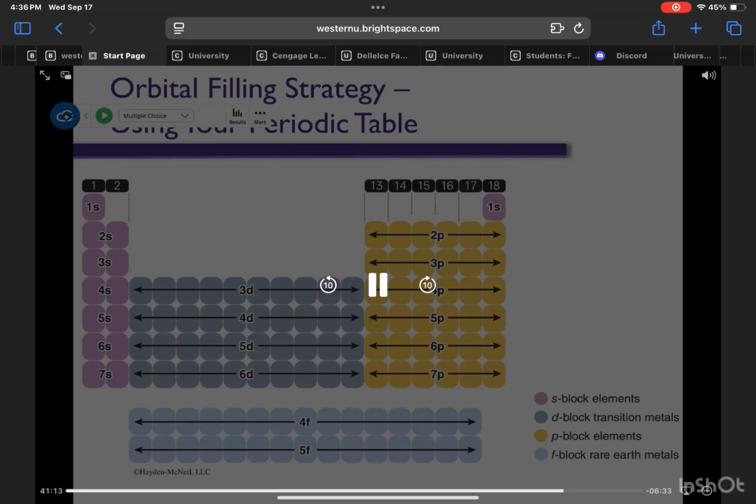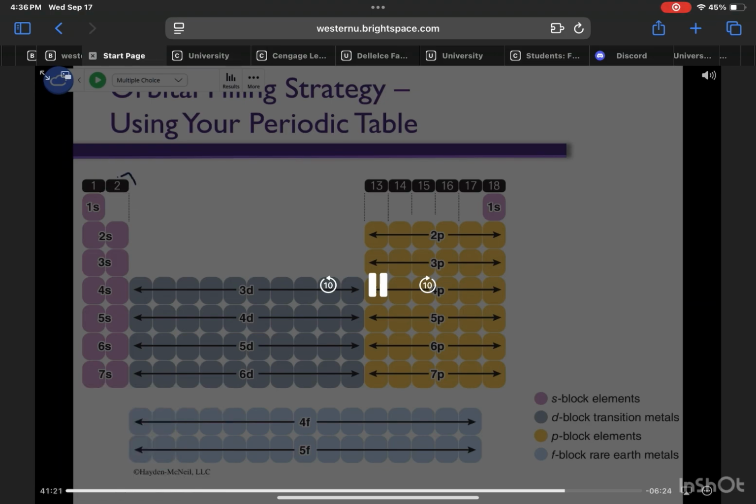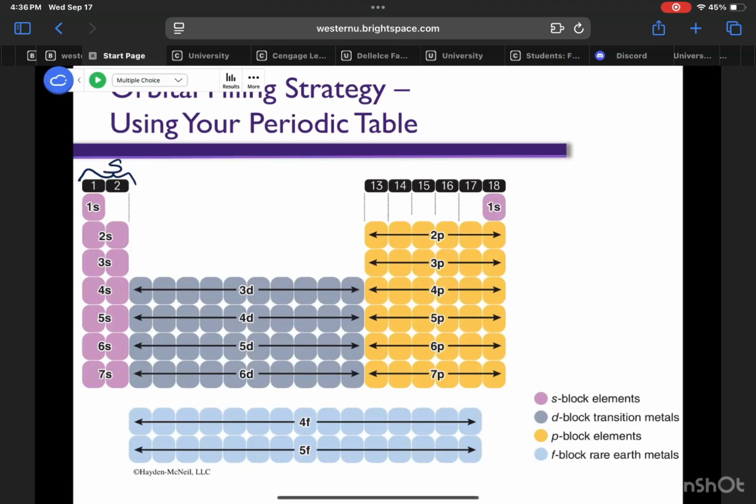On the left-hand side of your periodic table, we call this the s block. Helium, we kind of imagine over there. Then we have our p block, our d block, and our f block.